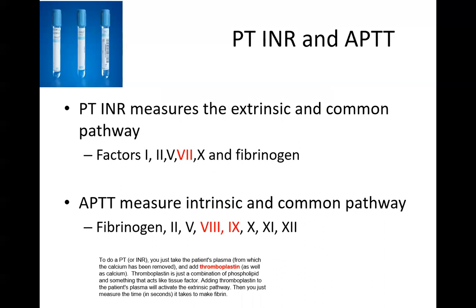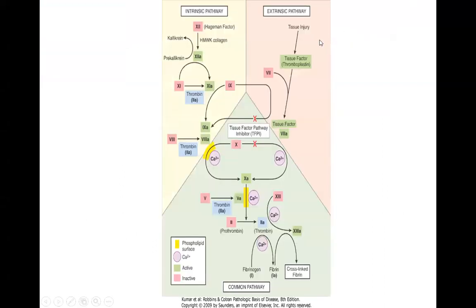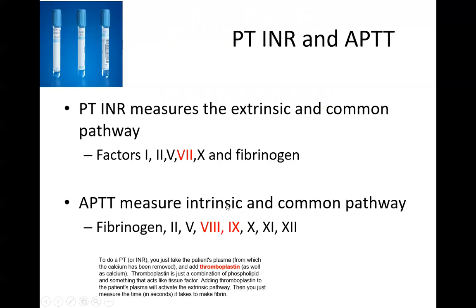PT-INR is there to measure the extrinsic pathway and the common pathway. APTT is there to measure the intrinsic pathway and the common pathway. Now, the end point of these two is the formation of the fibrin plug.